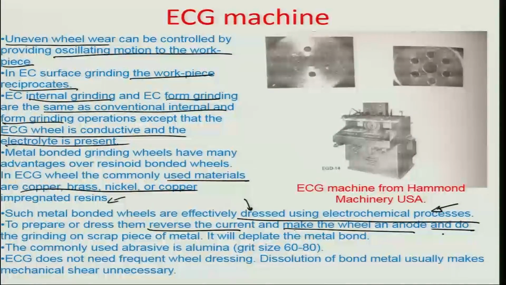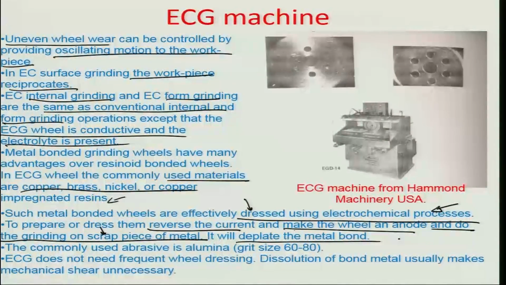You could do this normally on a scrap piece of metal which is unimportant. What it will do is deplete the metal bond and release some of the abrasives, so that one layer is gone and the next layer is again full of projections of untouched grinding material or abrasive grains.